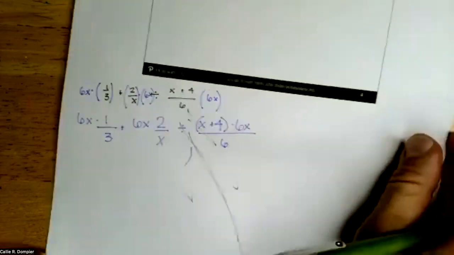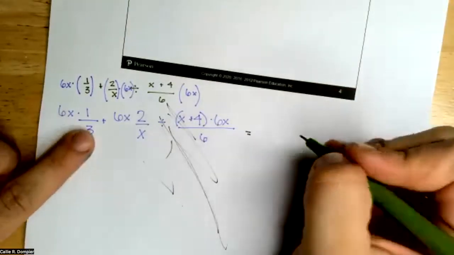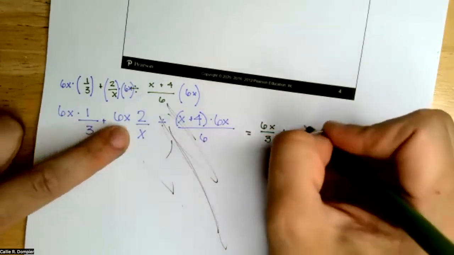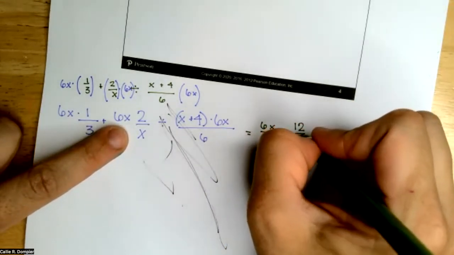I can also rewrite this as 6x times 1 is just 6x. 6x times 2 is 12x, right?